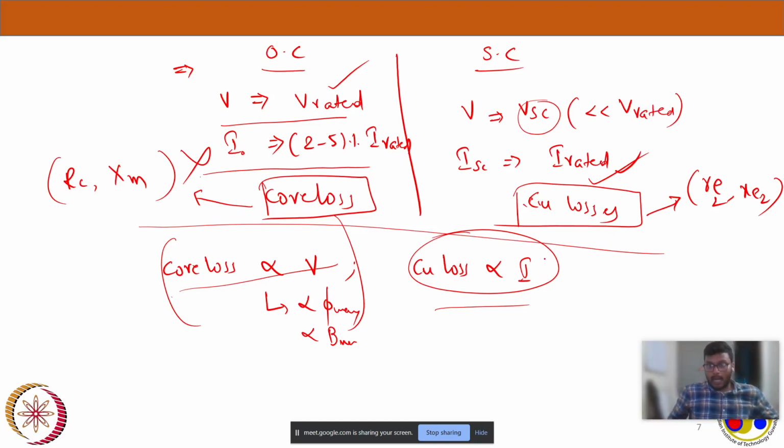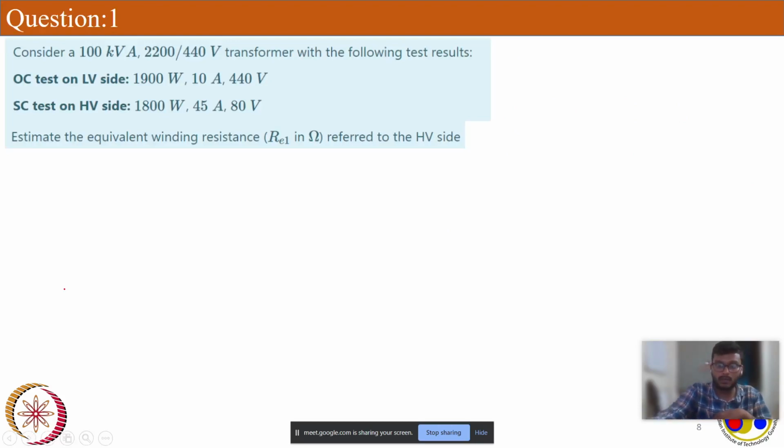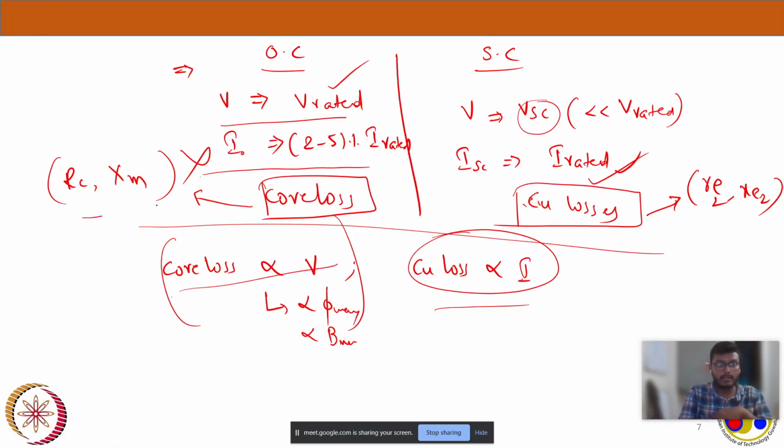So I hope you have understood now what is an equivalent circuit of a transformer, and how the equivalent circuit of a transformer will look when we refer it to primary and secondary. From that we have got four equivalent circuit parameters, RC, XM, and the resistance and impedances.